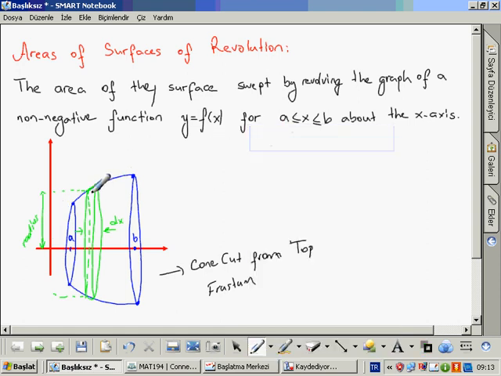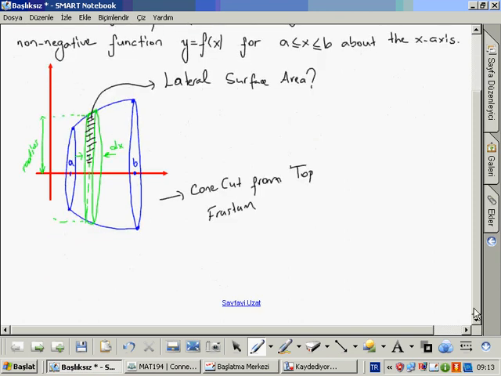Now the question for this part is the surface area, the lateral surface area. Let's zoom in on this part.